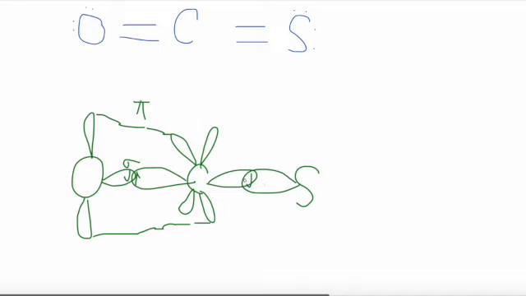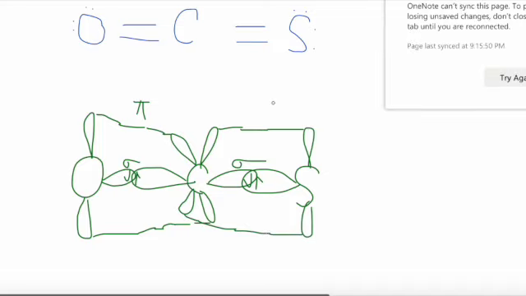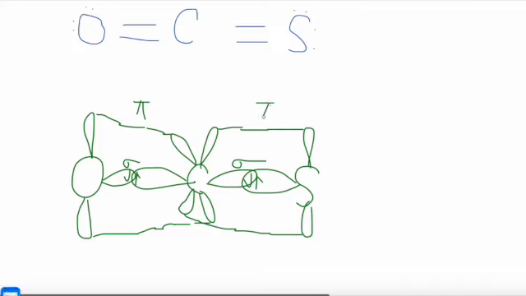And this is your one sigma bond with carbon and sulfur, and the sulfur over here has one p orbital, which will be in an overlap with the leftover p orbital of the carbon.